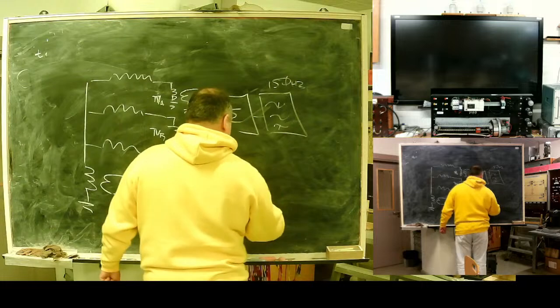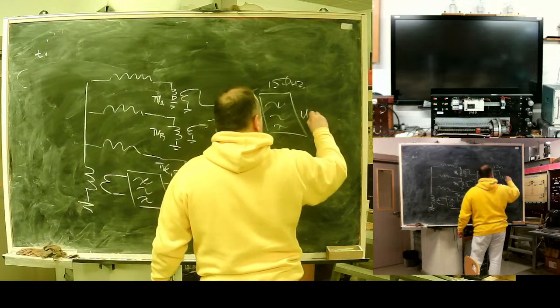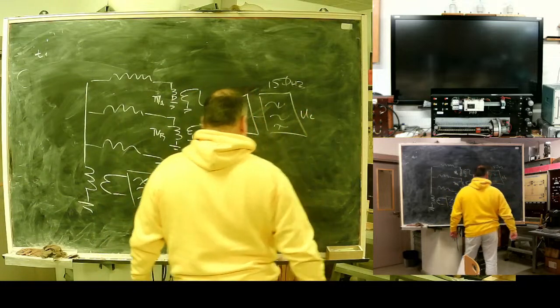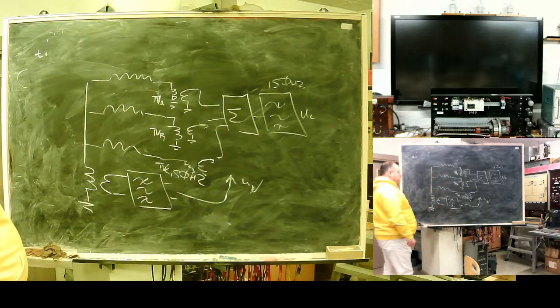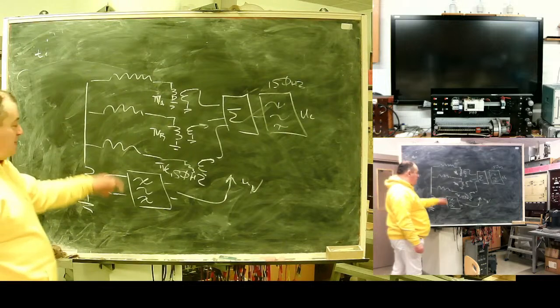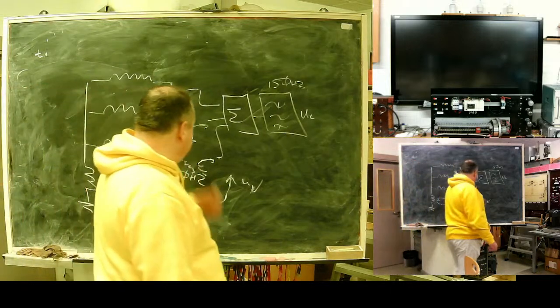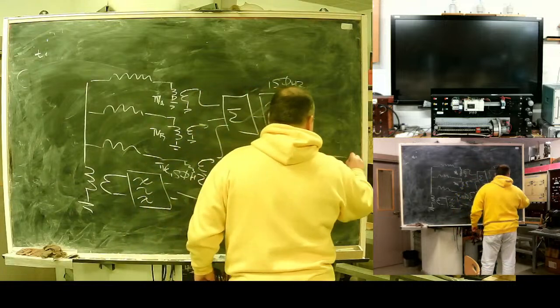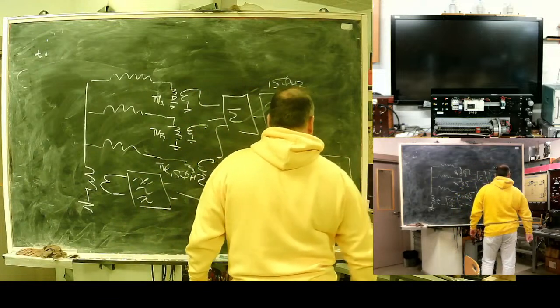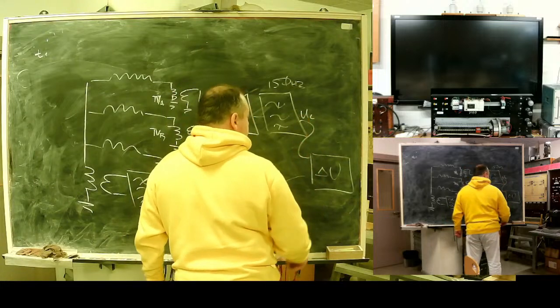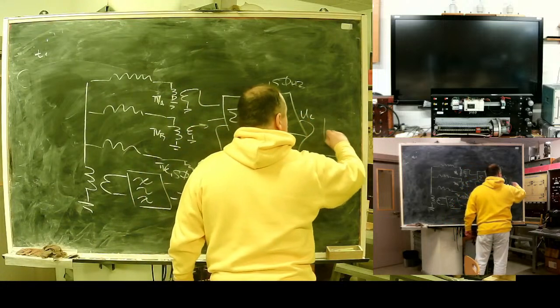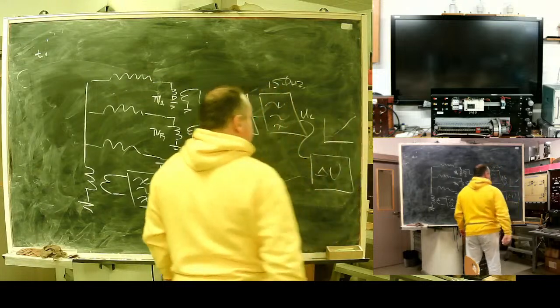This will be U neutral, U line. Two voltages of 150 Hertz, from neutral and from line, go to a voltage comparison characteristic function.